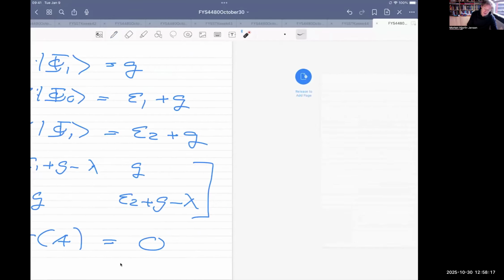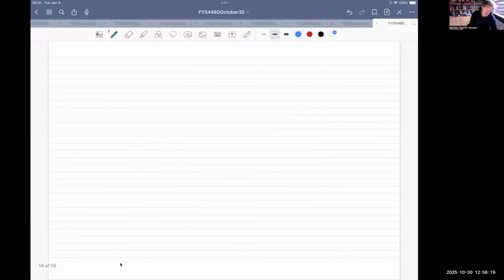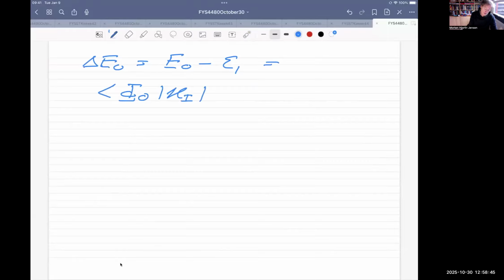If we take the expression for delta E0, which is given by E0, the ground state energy of the system, minus epsilon 1, where epsilon 1 is the non-interacting energy which we have defined, this is going to be equal to the first order term, which will be phi 0 with the interaction, and in our case this is simply equal to g.